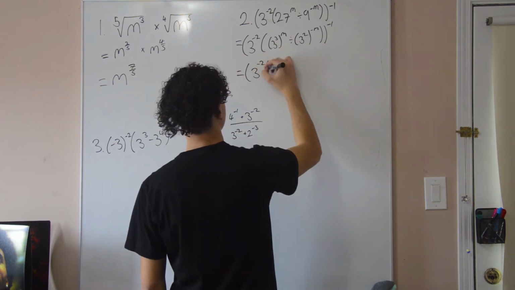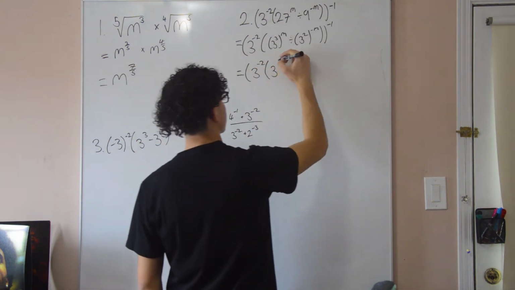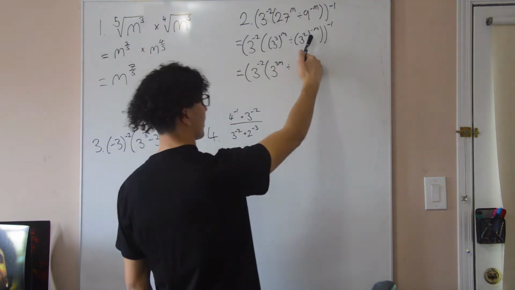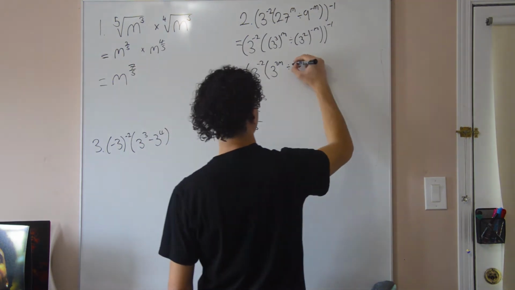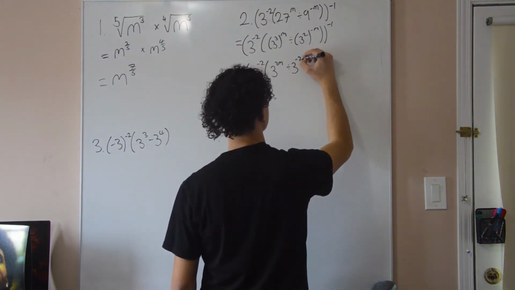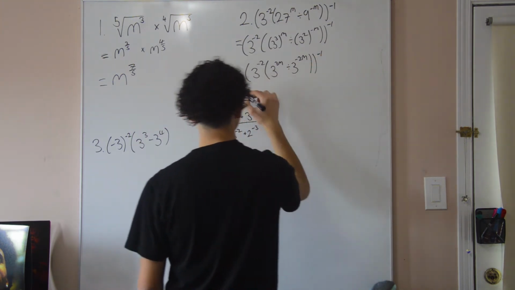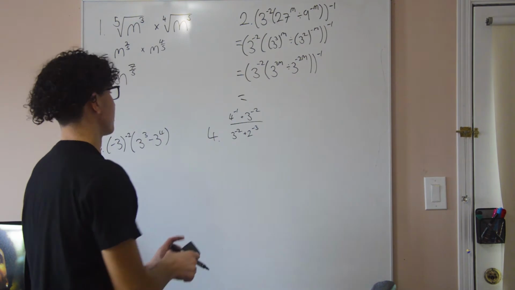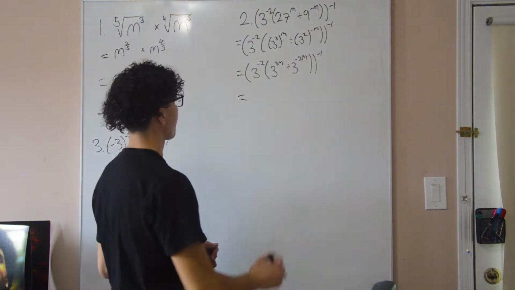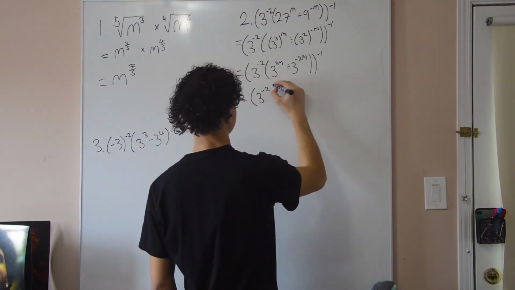So 3 to the negative 2 times, here we have an exponent to an exponent, so 3 to the 3m, divided by, again we have an exponent to an exponent, 3 to the negative 2m, all this to the power of negative 1. I'm just going to erase this because I'm going to run out of space. Just like that. And then from here, we can use our exponent laws.